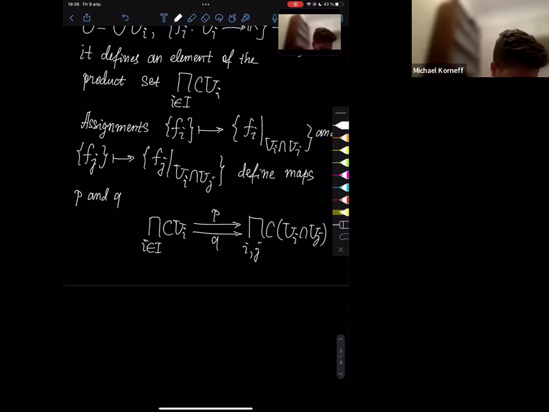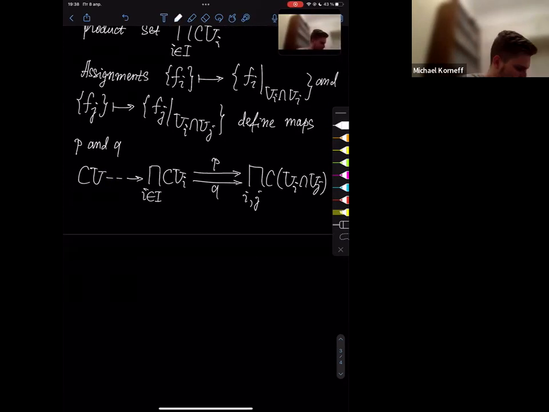This is just restriction. And for this diagram we can consider the limit, and this limit is, of course, an equalizer, and this equalizer we denote in the following way.